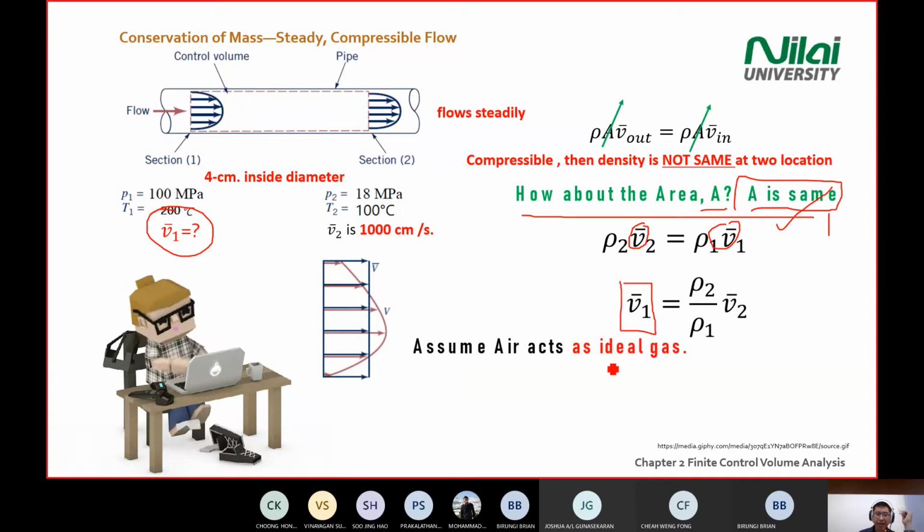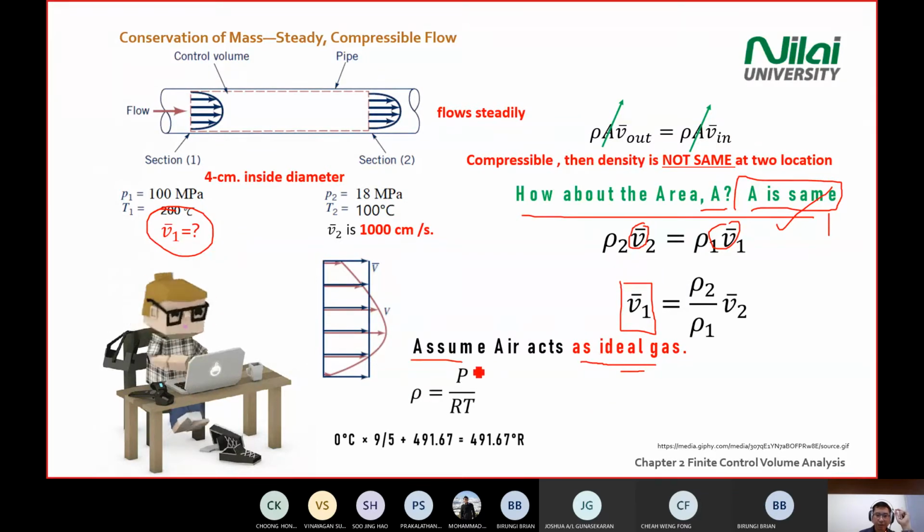Now, assume it acts as an ideal gas. So when you see this, it also gives you a hint to call out the ideal gas principle, which is this one: P equal to rho RT. If you want to remember this in this form, some people like to divide by one, some people like it straight like this.